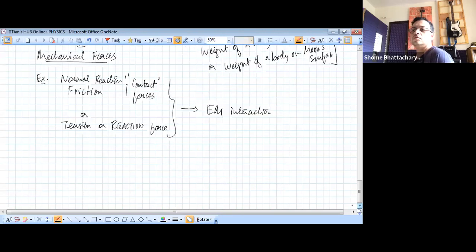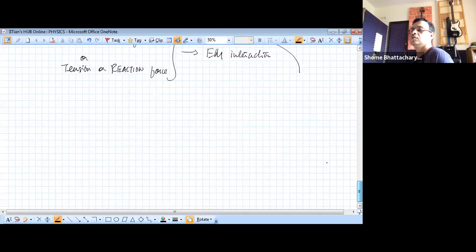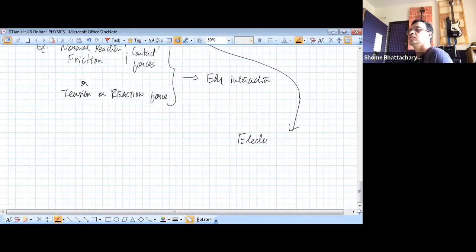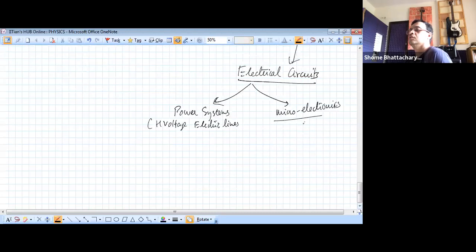Or, yeah, there's gravity on the moon also. Or for example, in electrical circuits, whether you are having something to do with power systems like high voltage electric lines, or you are talking about microelectronics, that is circuits with semiconductor devices, ICs, microchips, whatever be the case.